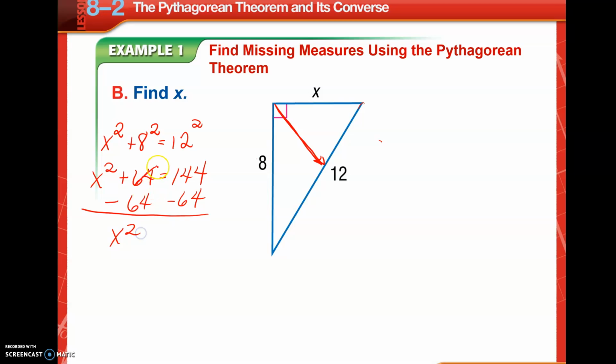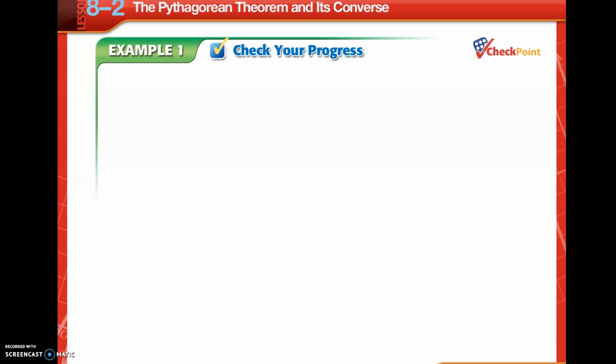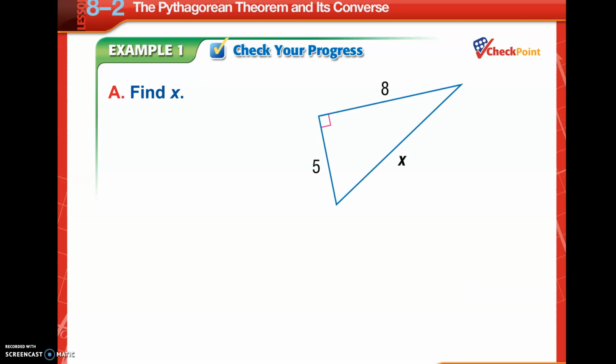So x squared equals 80, and then square root both sides, so x equals 8.9. When you're looking at these, you want to set it up and then solve for x. It's just like that distance formula we had earlier.